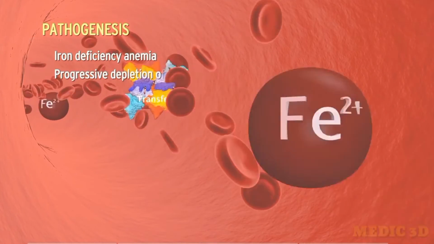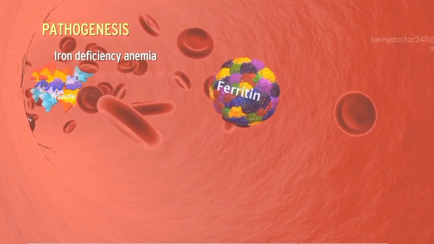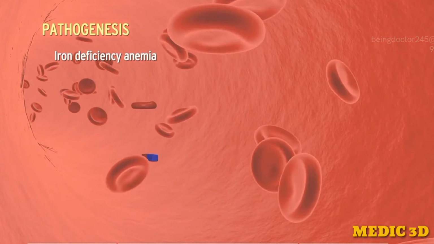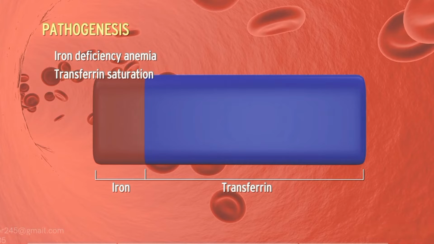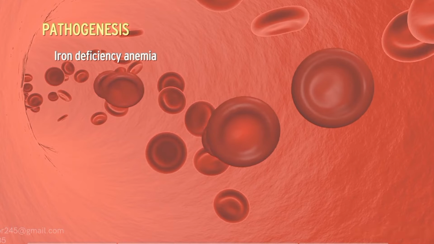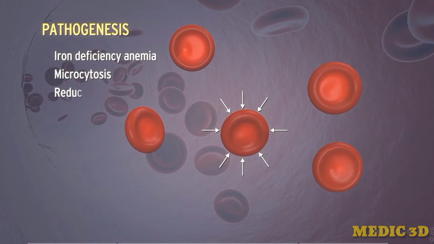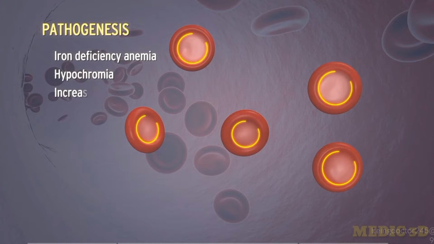Progressive depletion of iron stores accompanied by low serum iron, serum ferritin, and transferrin saturation results in anemia. First morphological change to occur is microcytosis, that is, reduction in cell size, and next is hypochromia, which is an increase in central pallor.